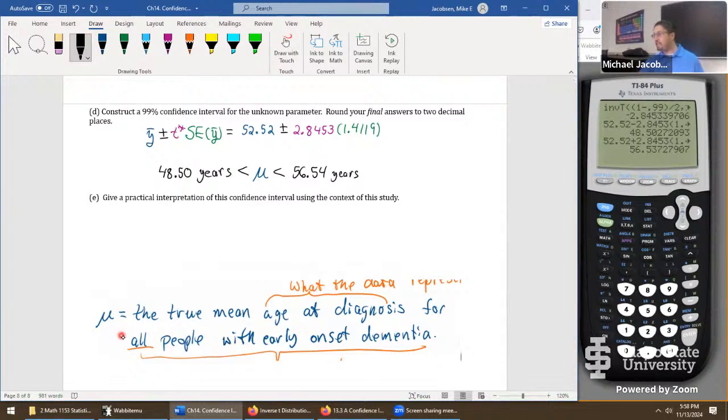So we begin by saying, with 99% confidence, the true, I'll go with average.